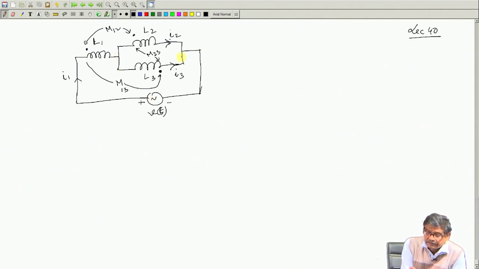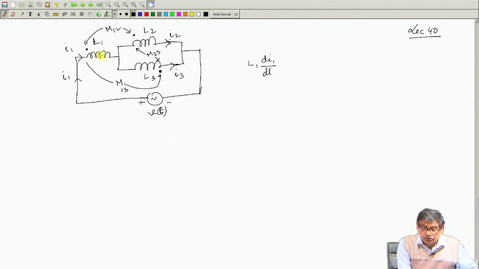This mesh I will try to do in one way. So, this is I1. The voltage drop between these 2 points will be L1 dI1/dt, definitely, because I1 is entering, so this will be plus.